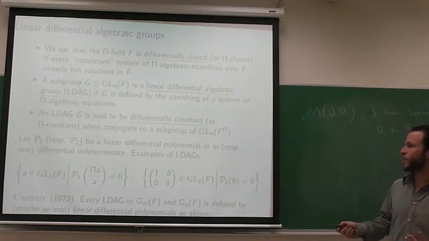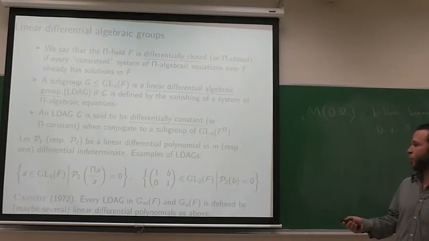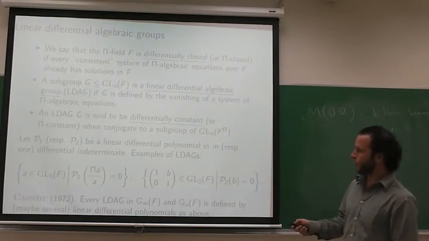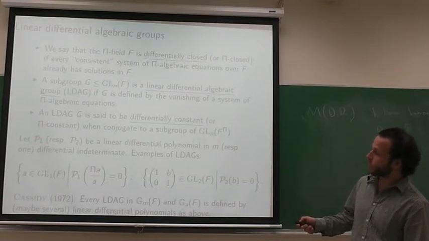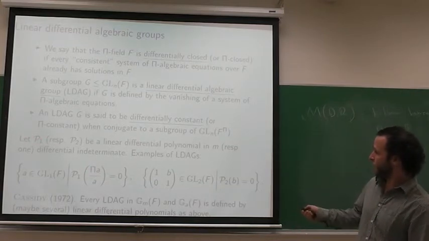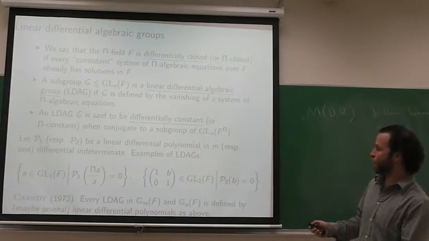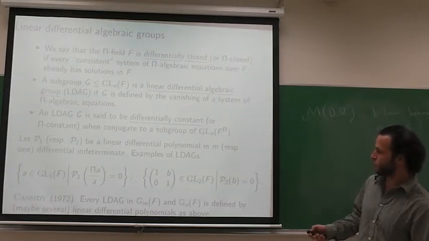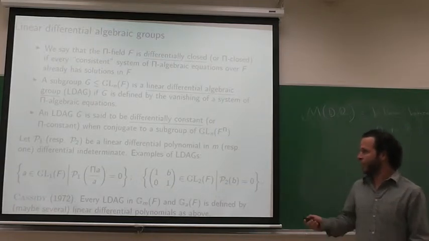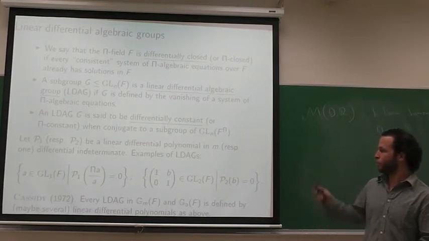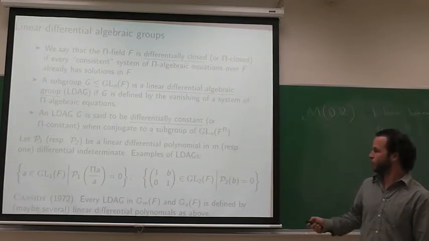So to have some concrete examples in mind for pi algebraic groups, if you had a differential operator in M differential indeterminates, so what I mean is there's a linear combination of higher derivations of M free variables.